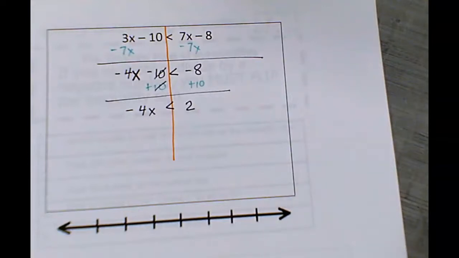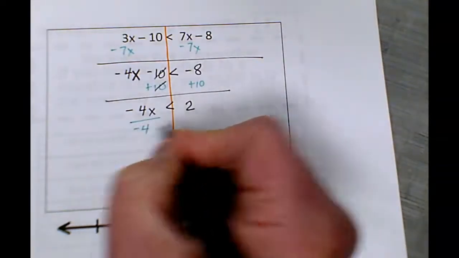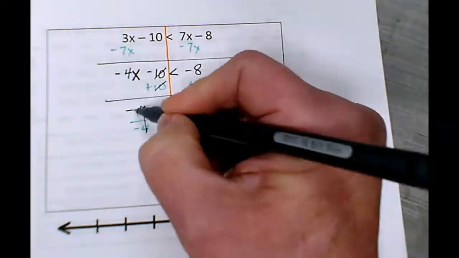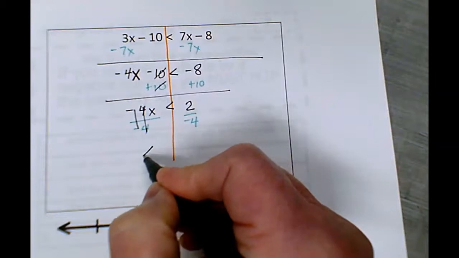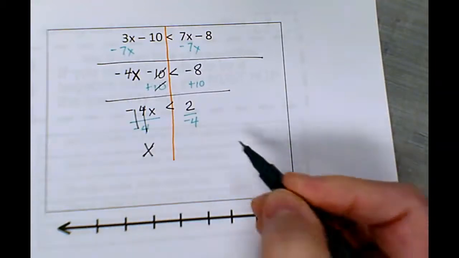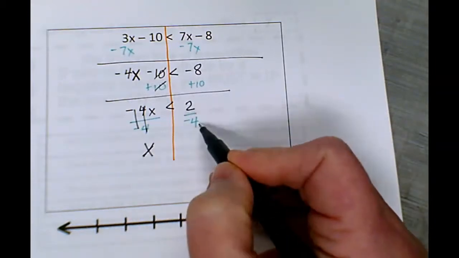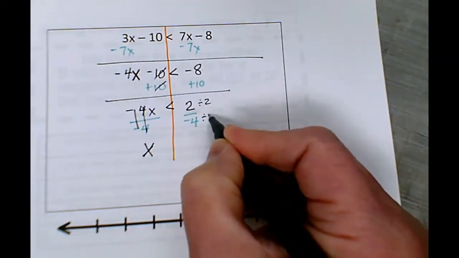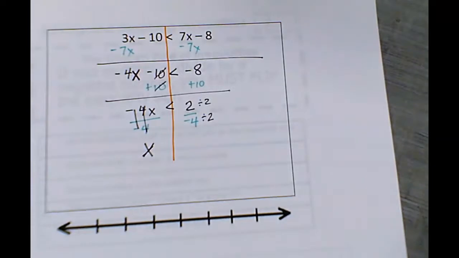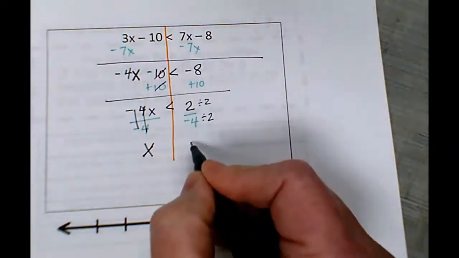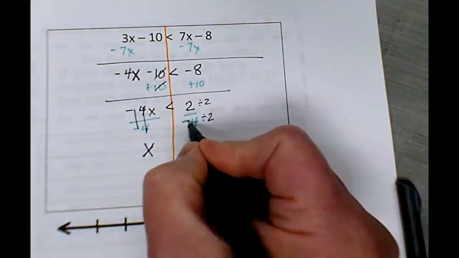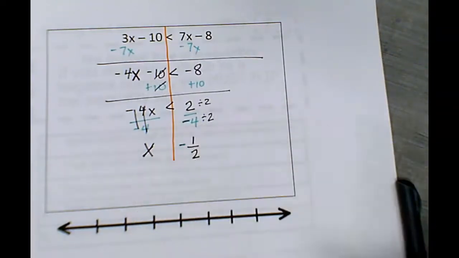I need to get x by itself, so I divide by a negative 4 to cancel the 4 and the negative. So 2 over 4 will reduce by 2. So 2 divided by 2, 4 divided by 2, and this is a negative, so that means that the whole fraction is negative.